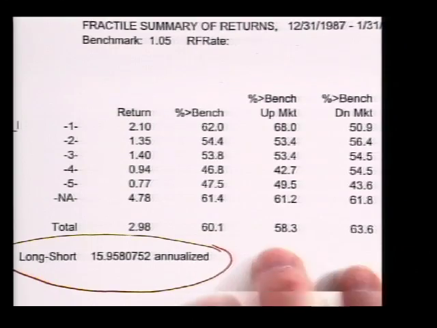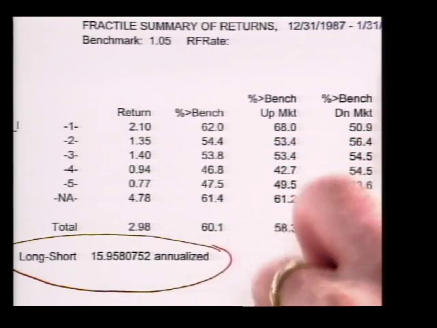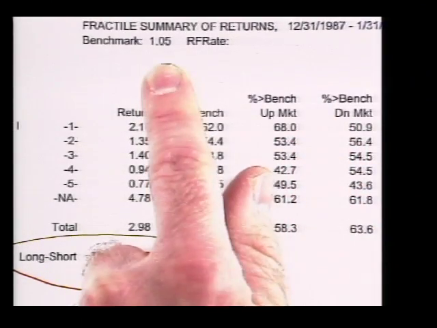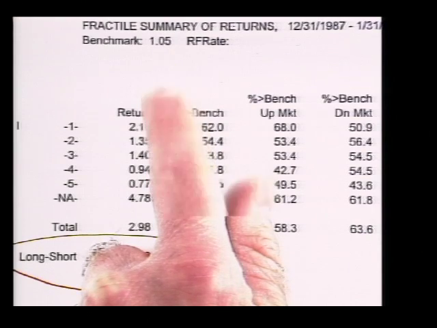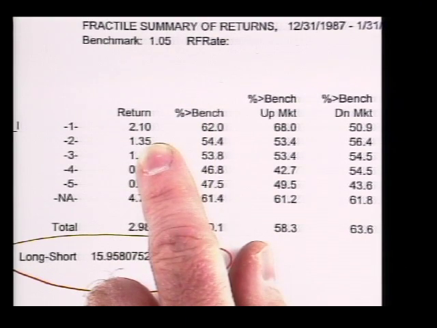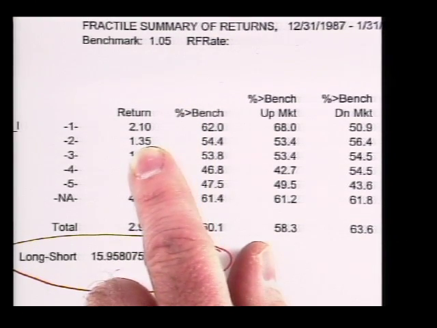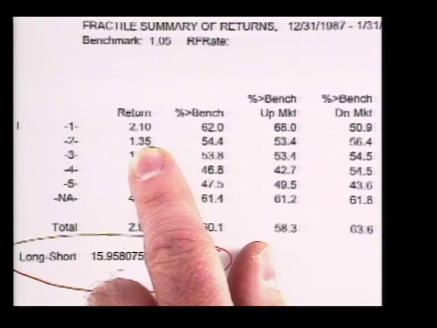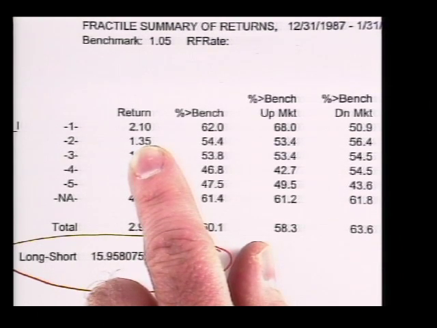So the benchmark return over the period from 87 to 2001 is 1.05%. Fractile 1, 2.1%. So this exactly doubles the return on the market, a long strategy in the securities that had the best revision in FY1.